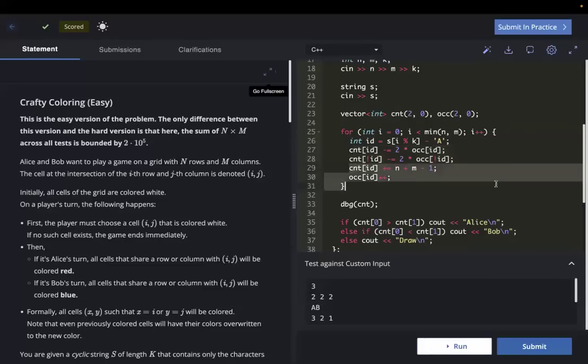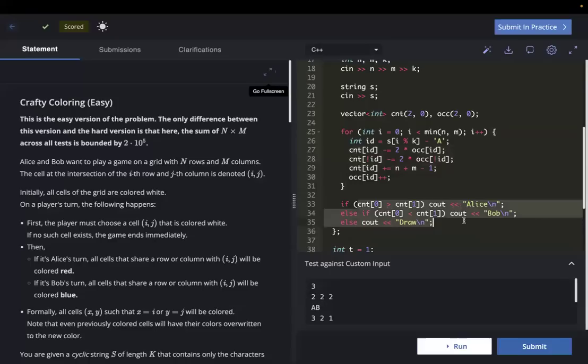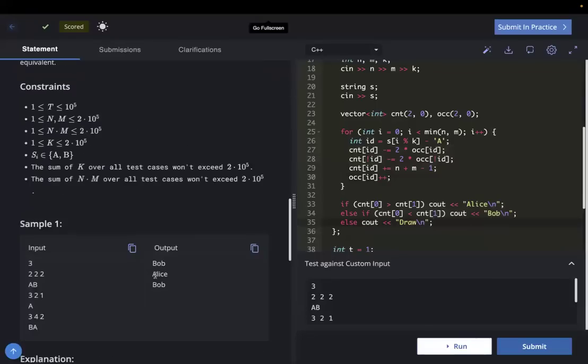Then I'm adding the colors in the same row and in the same column. And then I'm incrementing the number of operations which the current player, that is Alice or Bob, has applied. And after that, depending on the number of cells Alice and Bob have got colored, I'm declaring the winner. That's it for this problem.